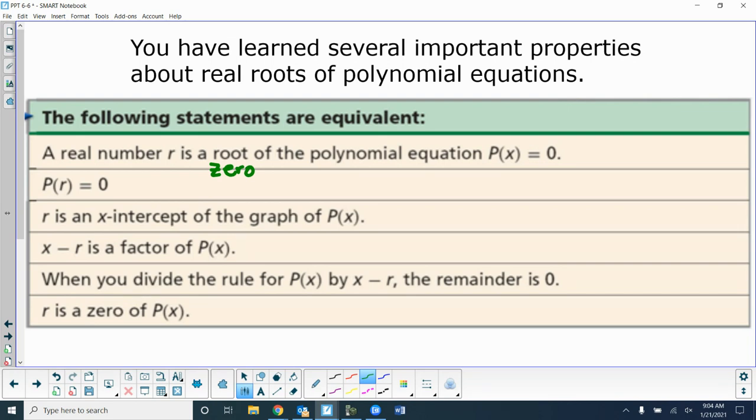If r is a zero, then x minus r is a factor of the polynomial. When you divide by x minus r, the remainder is 0. When we did synthetic division, we got a 0, right? And then again, they say root. Here we always say zero, so I guess I didn't have to put that.